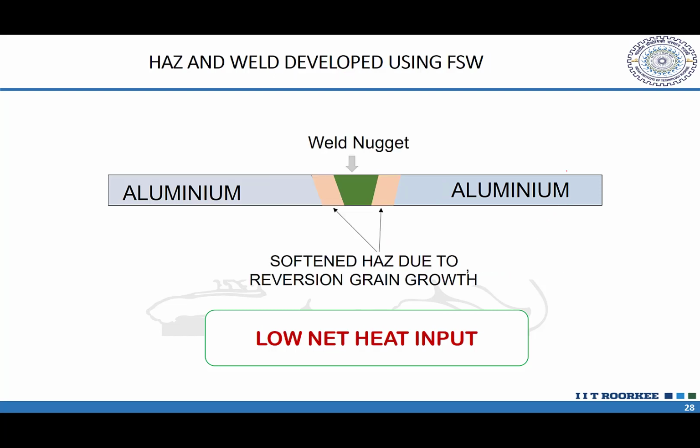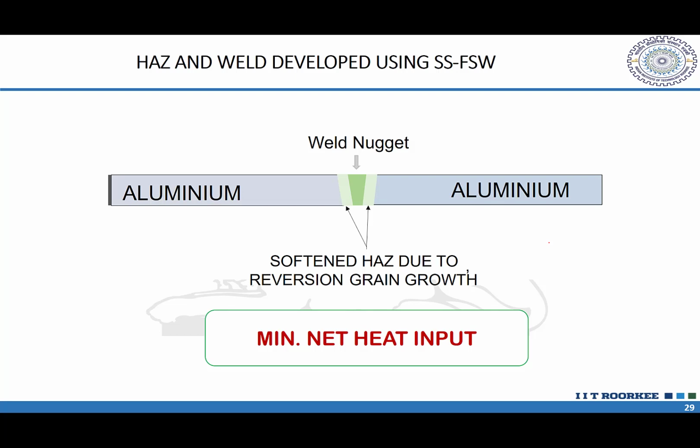But friction stir welding is a comparatively low heat process, which leads to a reduced weld nugget size and a reduced heat affected zone, so the damage is somewhat reduced. There is one more variant where we don't rotate the shoulder; we just rotate the pin only.